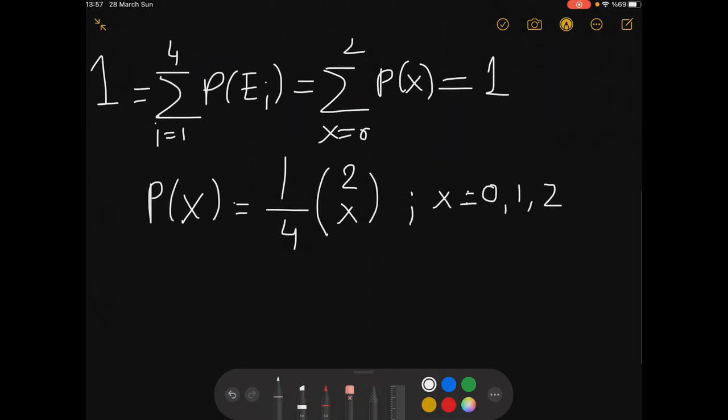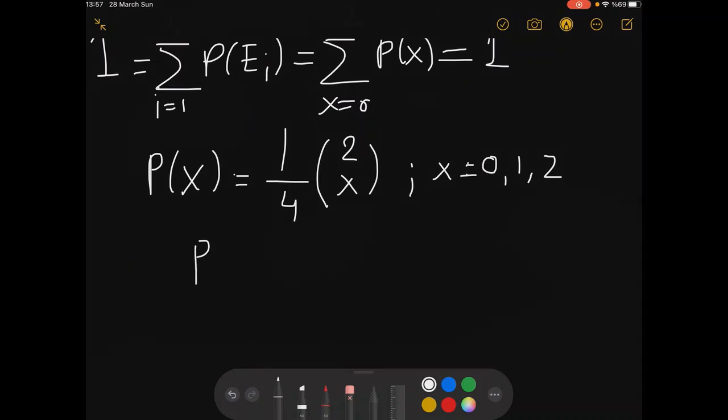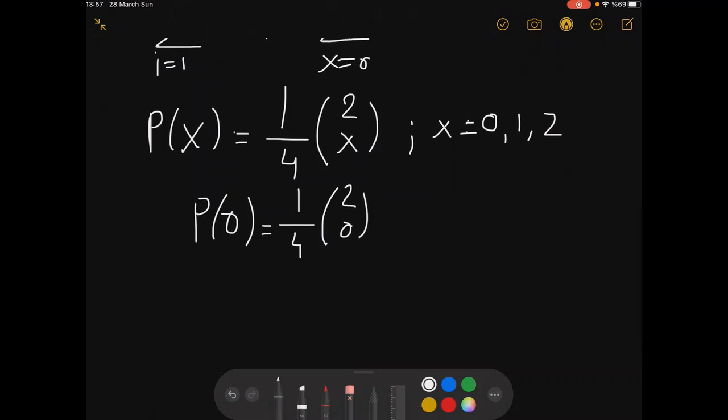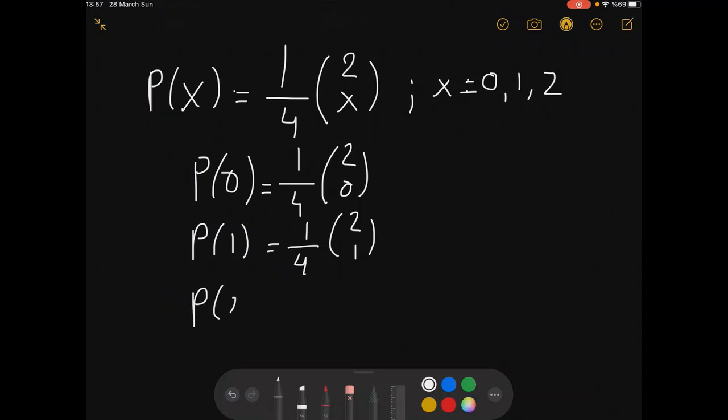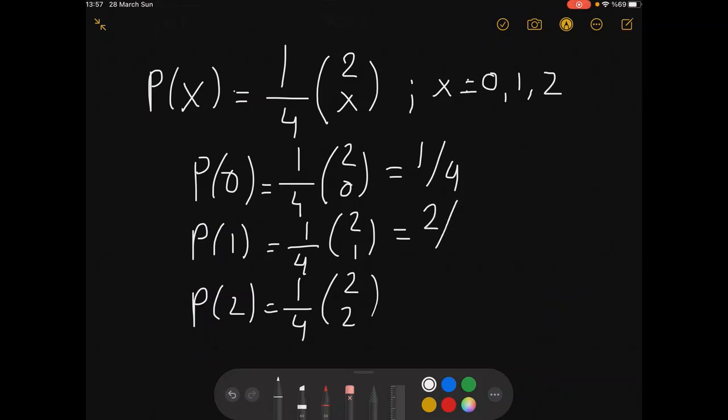So when you put them in their corresponding positions in the equation, the probability of 0 would be 1/4 times the combination of 2 and 0, and the probability of 1 should be 1/4 times the combination of 2 and 1, and the probability of 2 should be 1/4 times the combination of 2 and 2, and the results would be 1/4, 2/4, and 1/4.